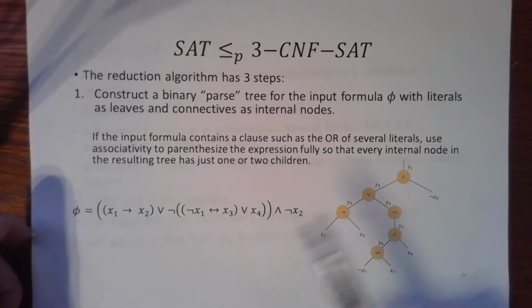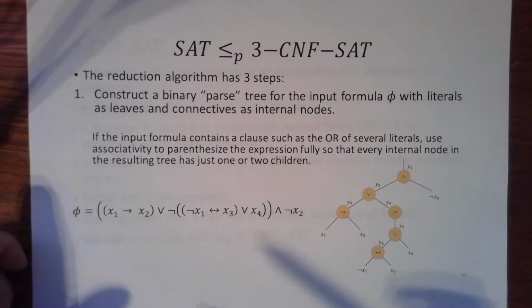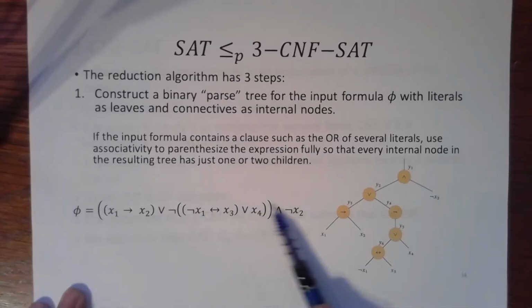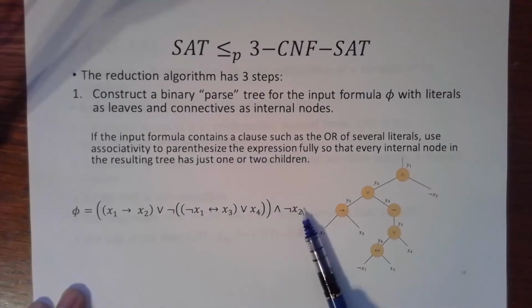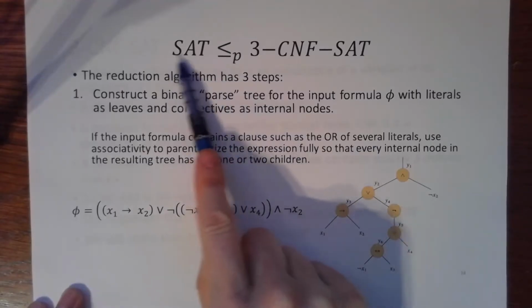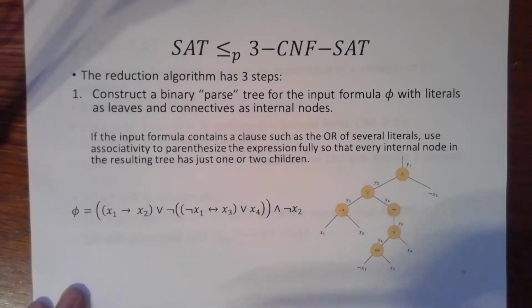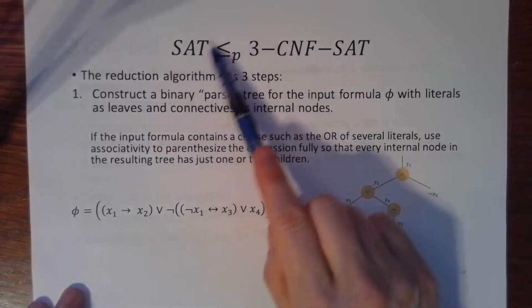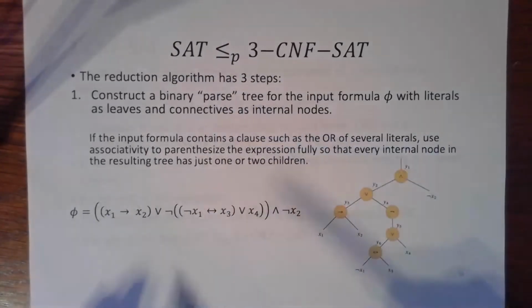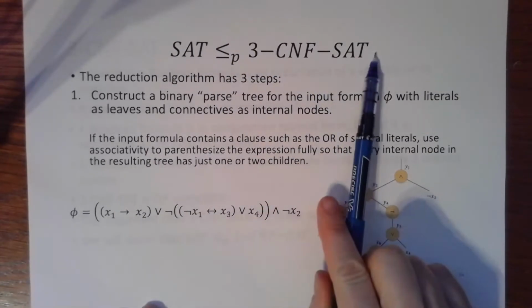If we look at how we do this, we have this formula. It is a general SAT formula. It can have any number of literals in its clauses, and we have to turn it into 3-CNF.